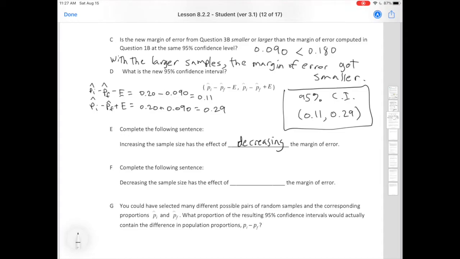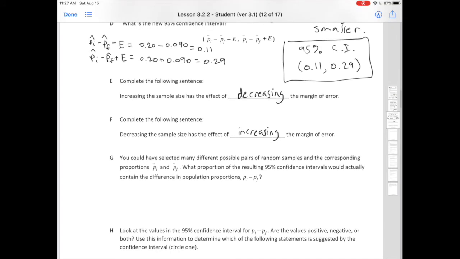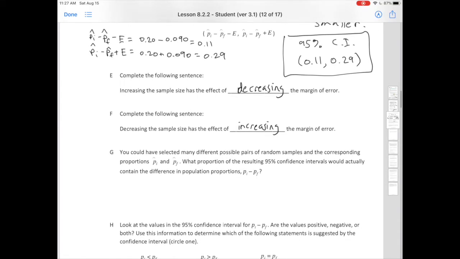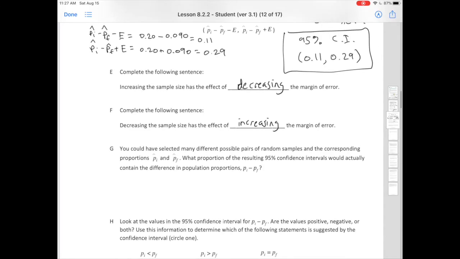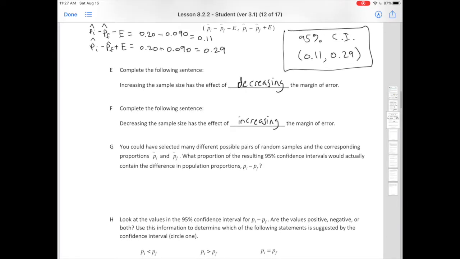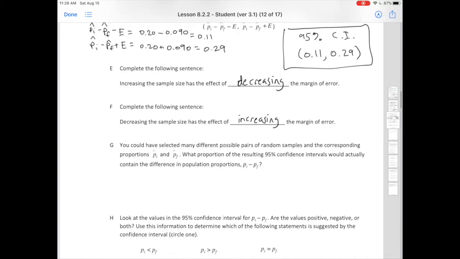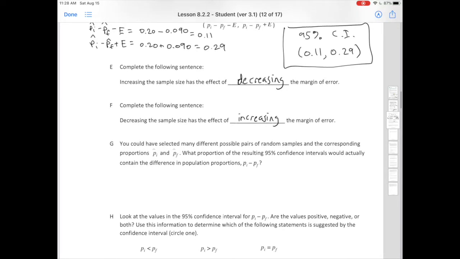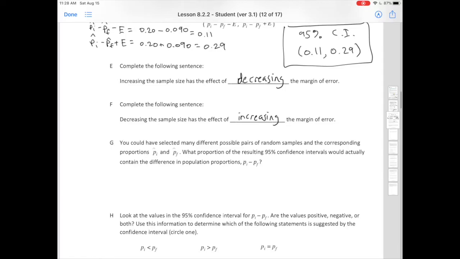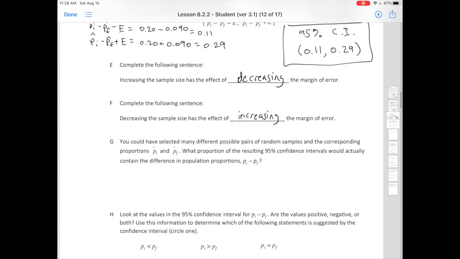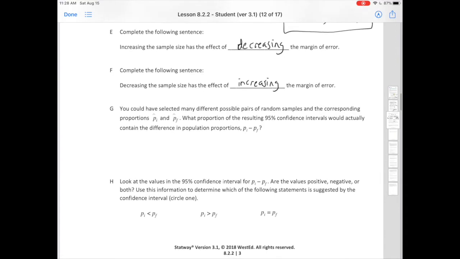Decreasing the sample size has the effect of, if you make the sample size smaller, you're going to increase the margin of error. Okay, so I'm hoping that you guys are starting to understand that if you want to get a more precise, smaller margin of error, you do not want to sacrifice lower confidence to achieve it. Instead, you want to use a bigger sample size, right? That's what we're getting at here.